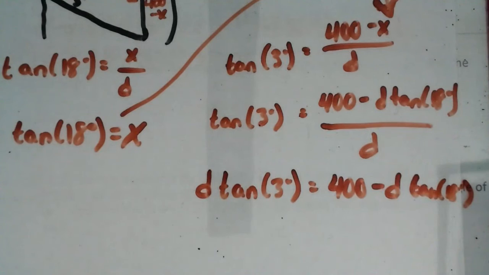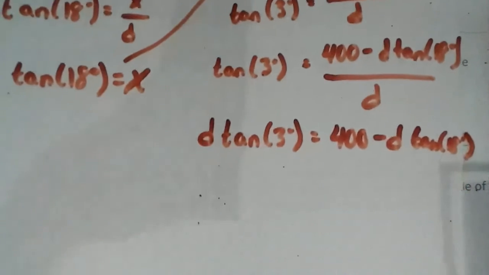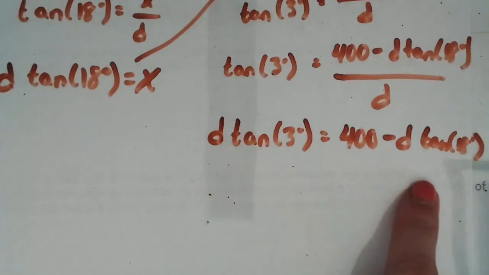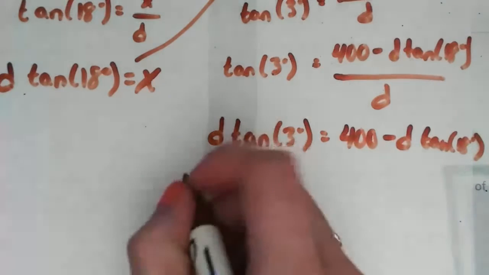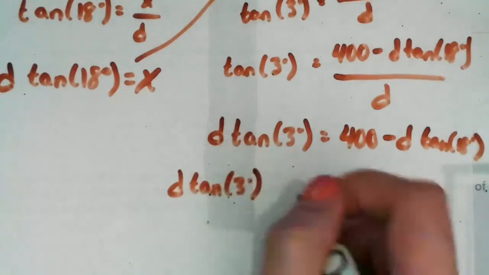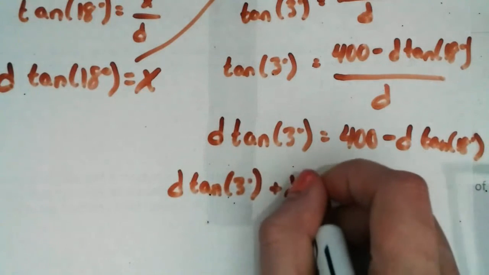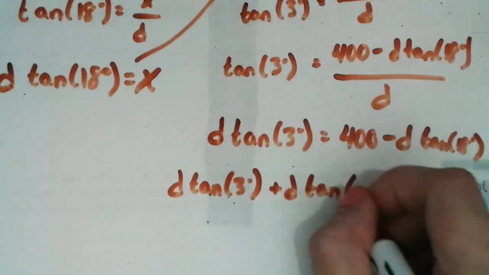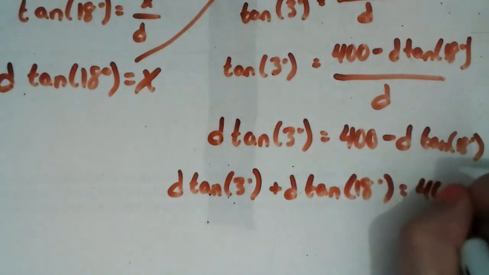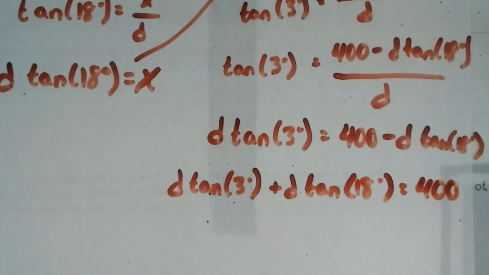Still trying to solve for D, so let me make sure that all of my terms with a D in them get on the same side, because right now I have one on the left and one on the right. So I'll add this one over, so that I have D times the tangent of 3 degrees plus D times the tangent of 18 degrees is equal to 400.